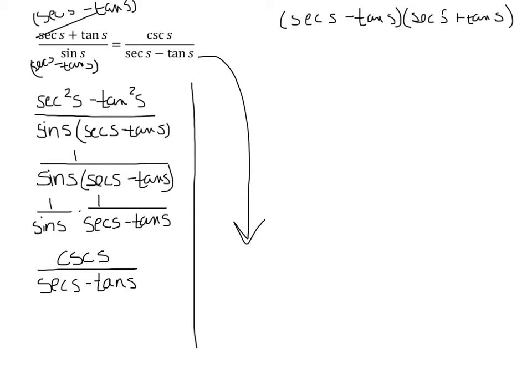And that's what was on the right-hand side. These are equal, so this is an identity.